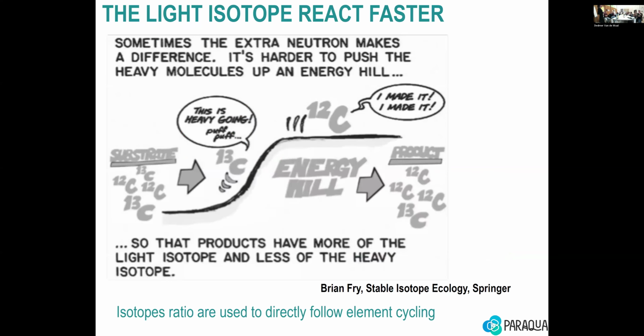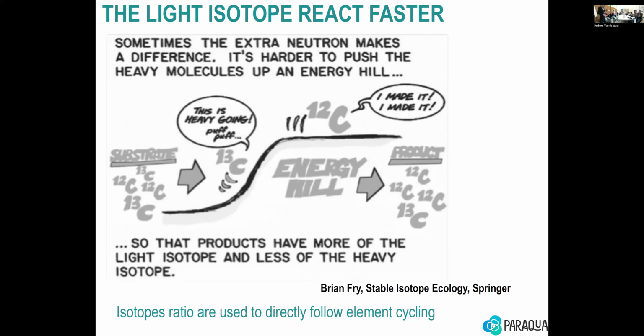And so, isotopes, from a chemical point of view, are quite similar. There is not really a big difference in the chemical reaction. What can be different is the metabolic pathway. What is known is that sometimes this extra neutron makes a difference when there is a need to climb what is called the energy hill. Metabolic ways require energy.